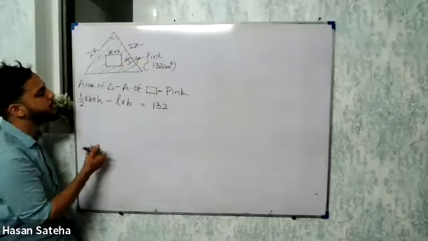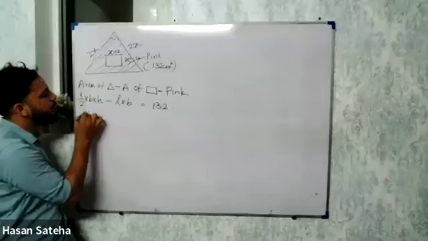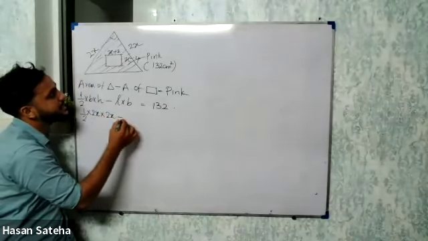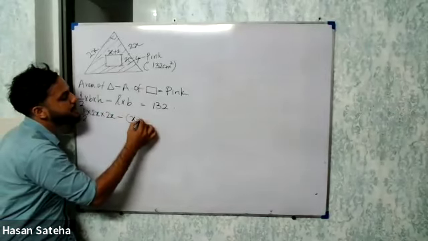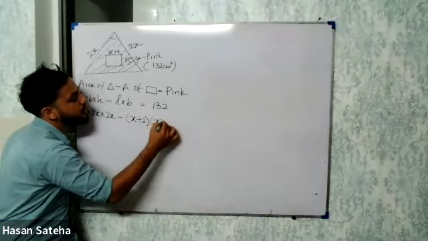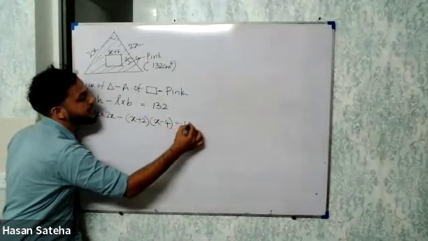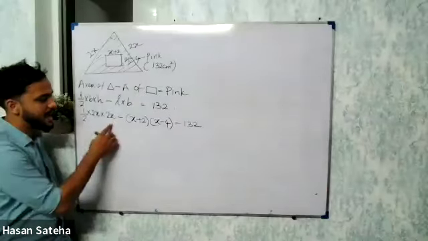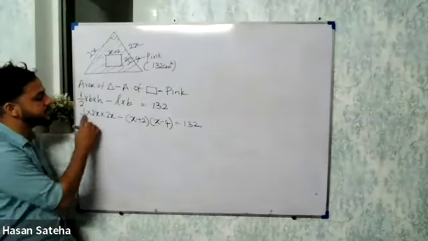Now we can substitute those values here. Half into base is 2x, height is 2x, minus length is equal to x plus 2 and the breadth is equal to x minus 4, that is equal to 132. See here, nicely the question has all the parts that we discussed.